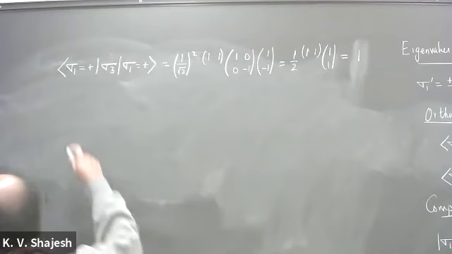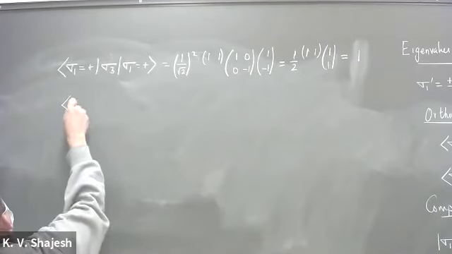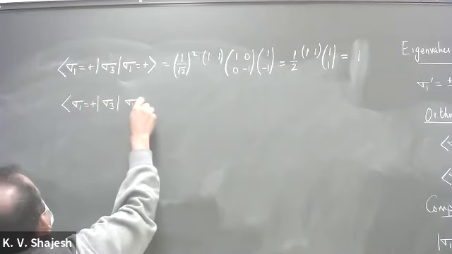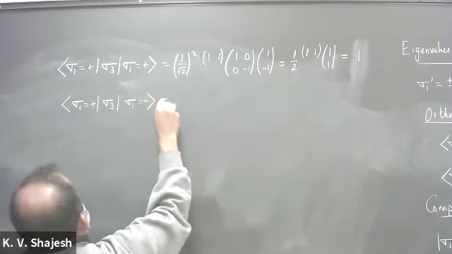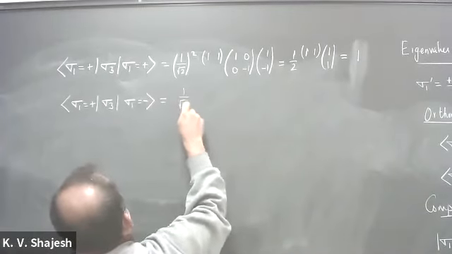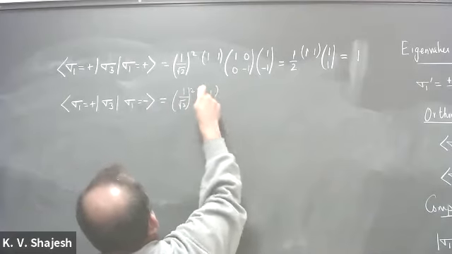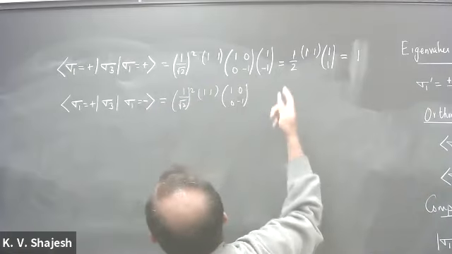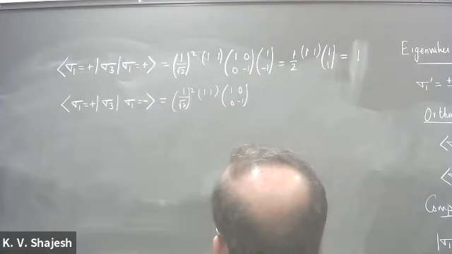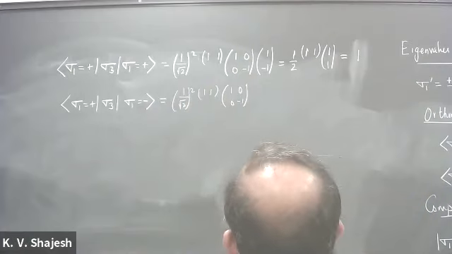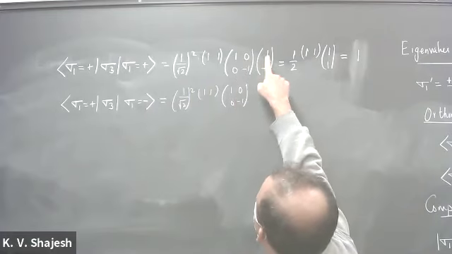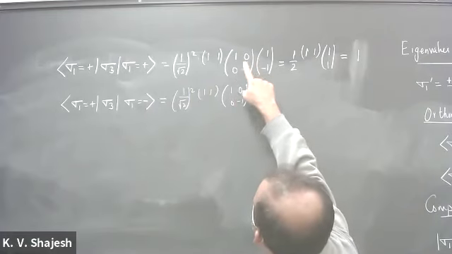So let's do the same thing. The next one, sigma 1 is equal to plus, sigma 3, sigma 1 is equal to minus. That's 1 over root 2 squared, 1, 1, 1, 0, 0, 1, and oh, what did I do? There's a mistake. Yeah, there's a mistake here, right?